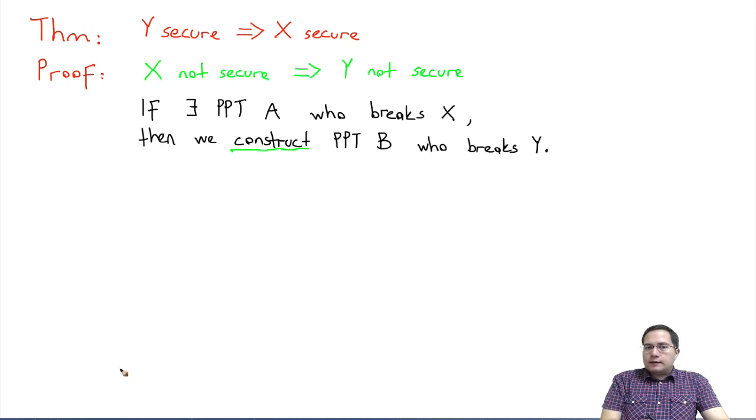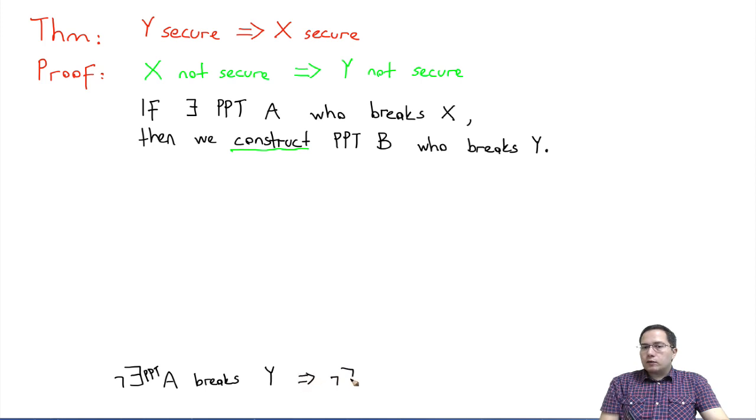since there is no known PPT algorithm, of course, that breaks Y. There is no known algorithm that's probabilistic polynomial time and breaks Y. This will tell us that there can be, again, no PPT algorithm, let's say A, that breaks X. Why?